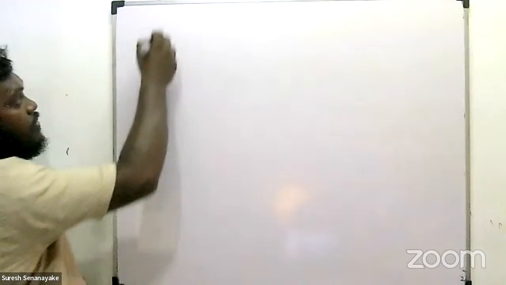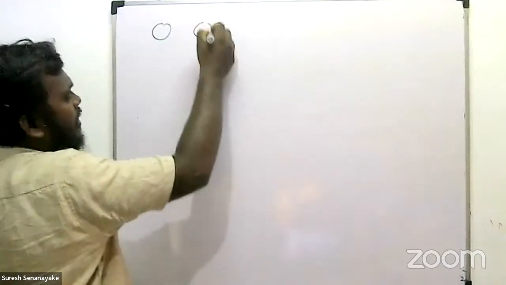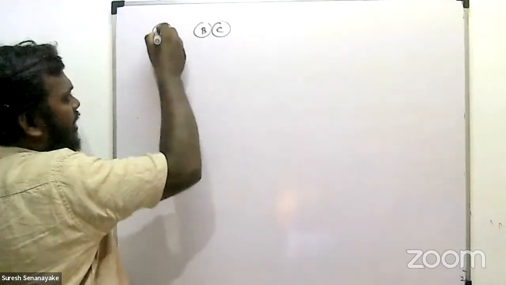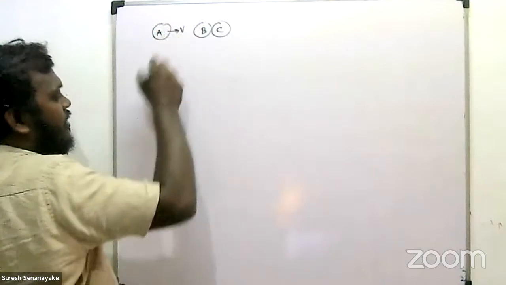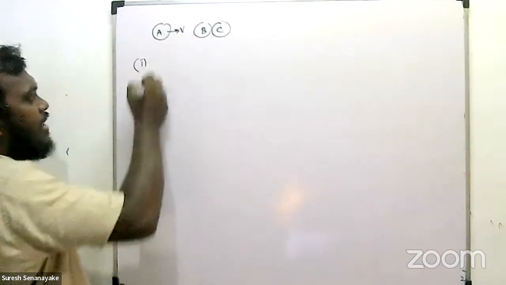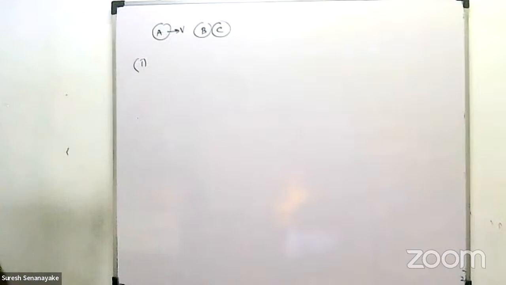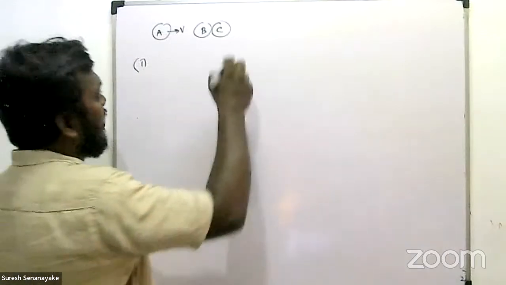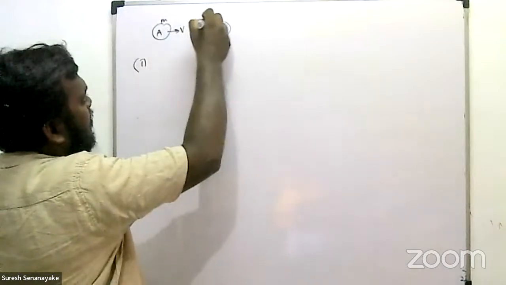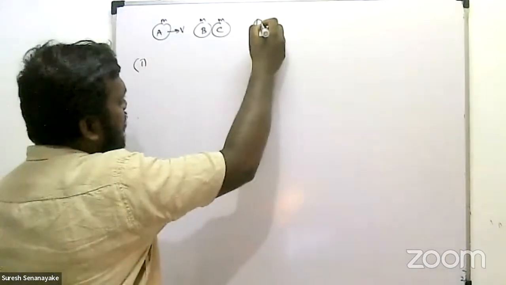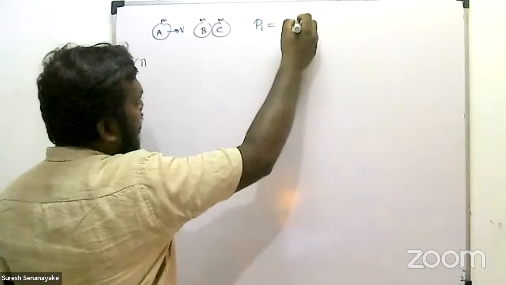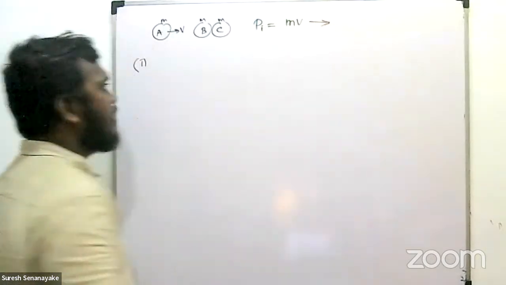They given there's two bodies, B and C, and A will move with velocity V. Let's consider the first case. Let's say the mass of each one is M. What is the initial momentum? That is mv only in this direction, right?